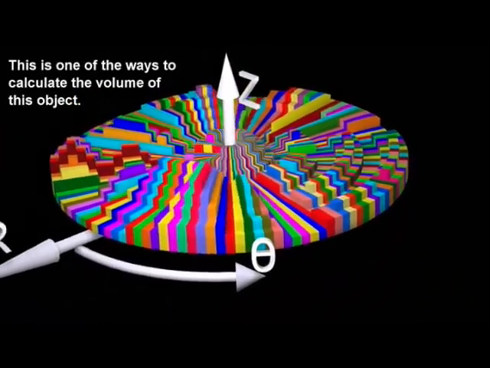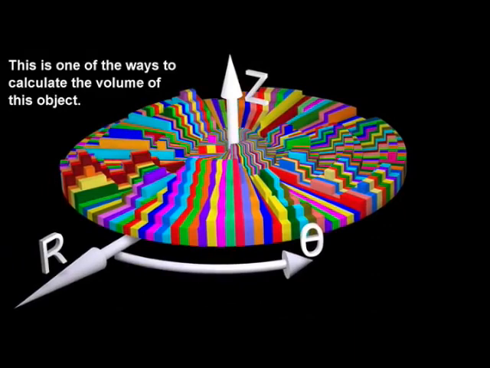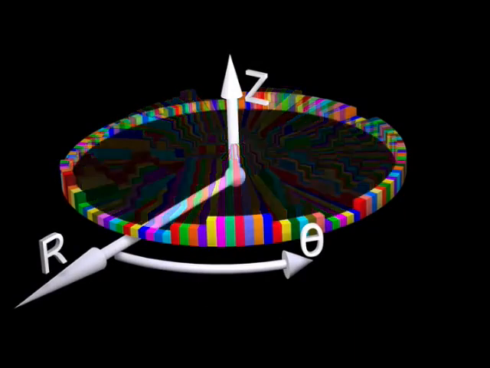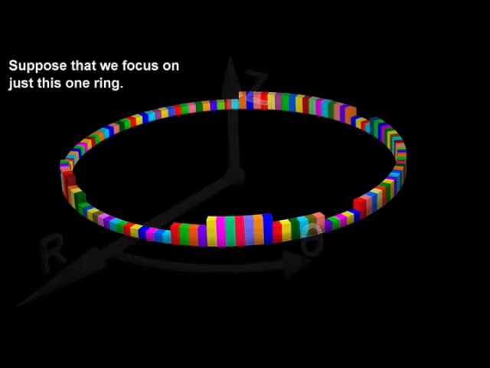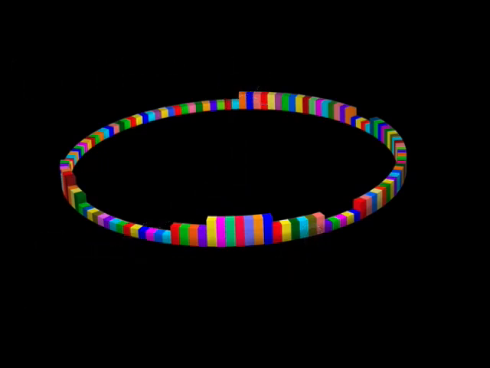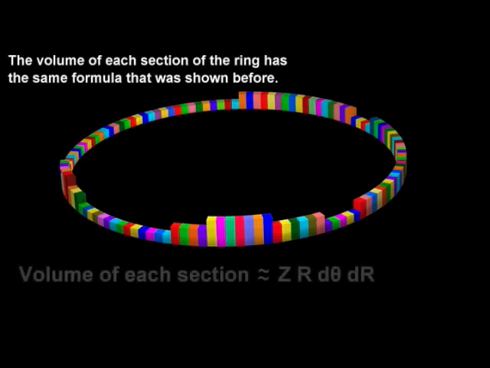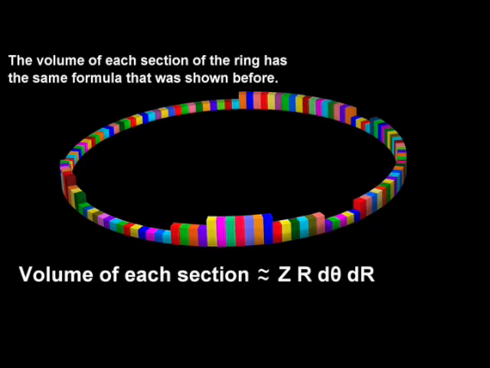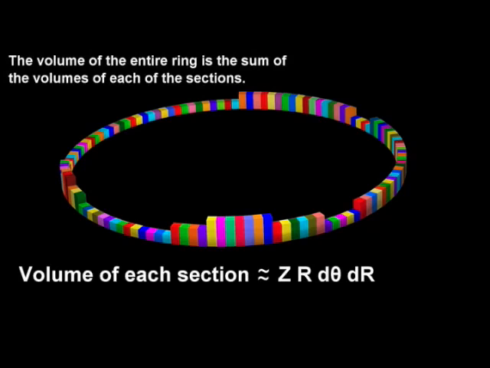This is one of the ways to calculate the volume of this object. Suppose that we focus on just this one ring. The volume of each section of the ring has the same formula that was shown before. The volume of the entire ring is the sum of the volumes of each of the sections.